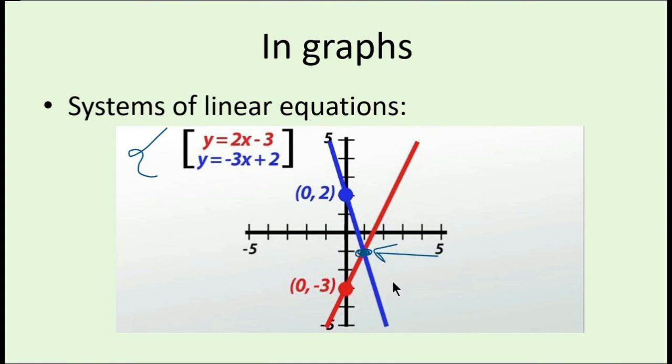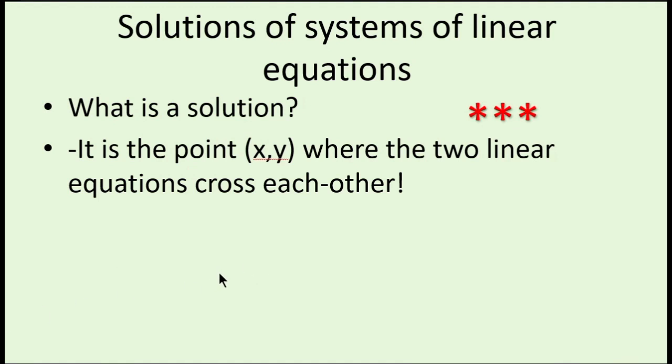Now, when 2 lines cross each other at some point, we call this an intersection, and you will see that it's a solution of a system of linear equations. A solution of a system of linear equations is the point x comma y where the 2 linear equations cross each other. Well, maybe you have more than 2 lines, maybe you have 1 million lines and they cross each other at that point.